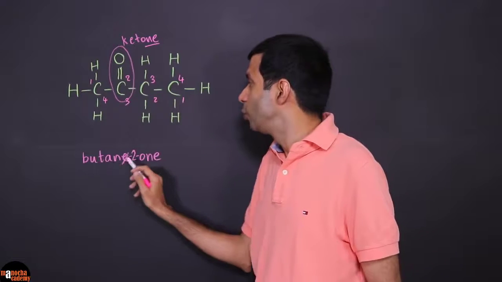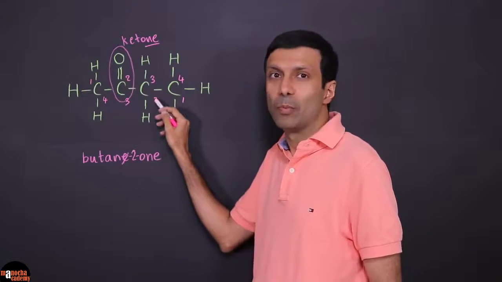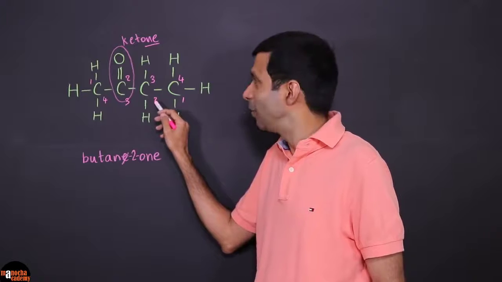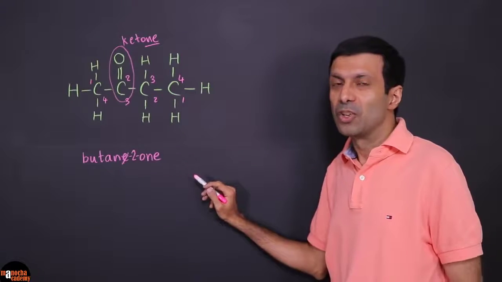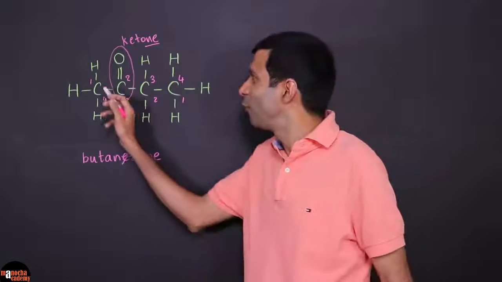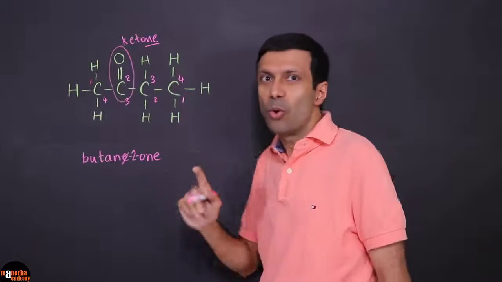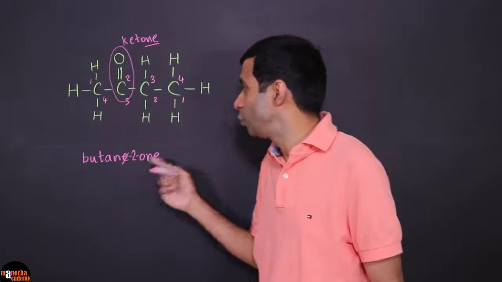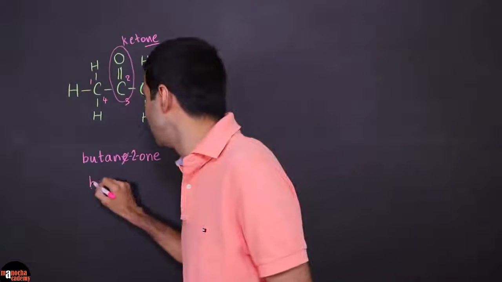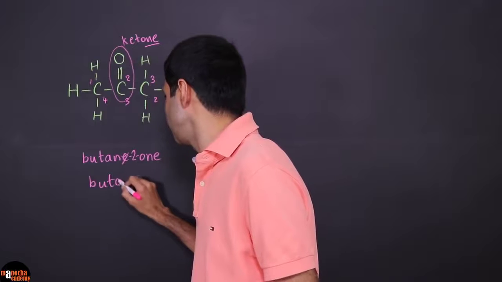It's not going to be butan-3-one. Again, we'll take the smaller number. So it's again going to be butan-2-one. So just like propanone, for 4 carbons also, only one ketone is possible, which is butan-2-one or simply butanone.